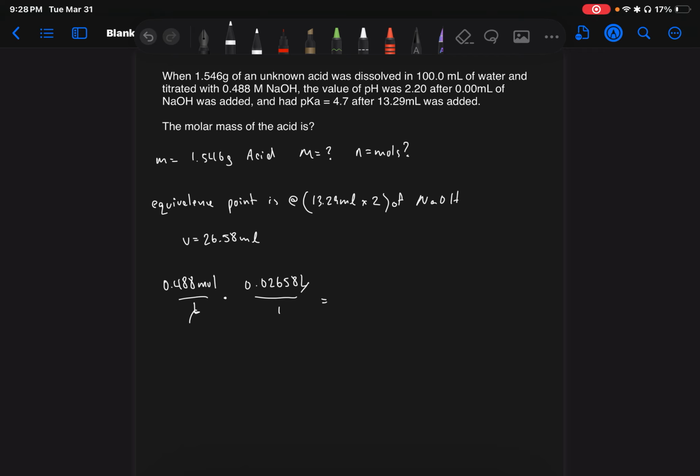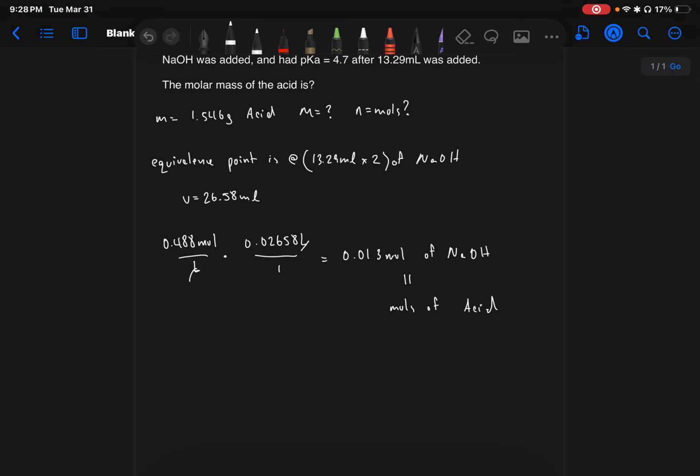Cancel, we would get 0.013 moles of NaOH. So now this would be equal to the moles of acid.